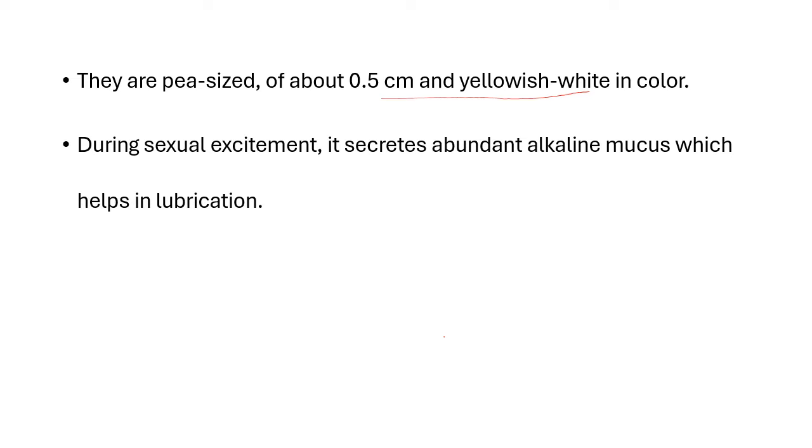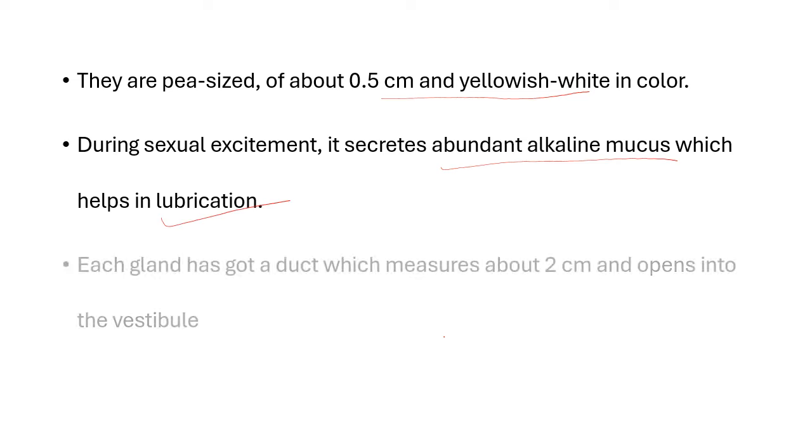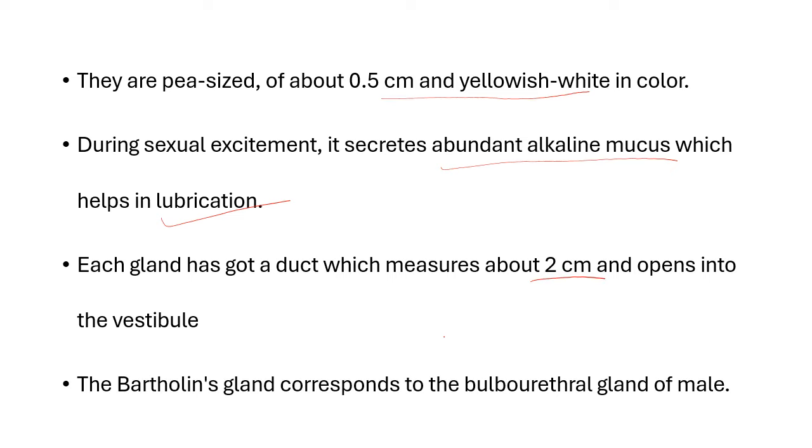During sexual excitement, they secrete abundant alkaline mucus, which helps in lubrication. Each gland has a duct which measures about 2 centimeters and opens into the vestibule. The Bartholin's glands correspond to the bulbourethral glands of the male.